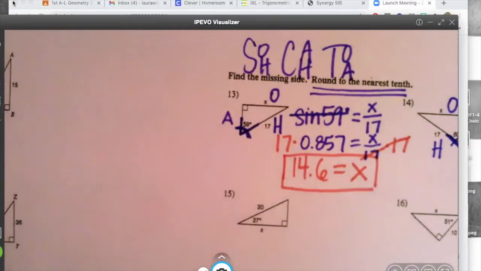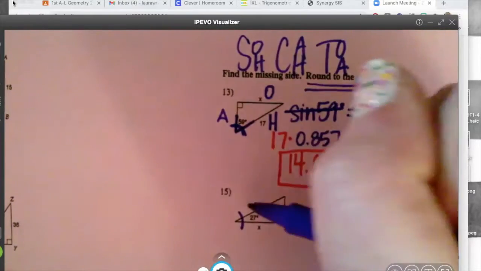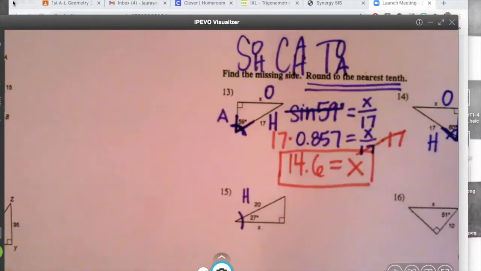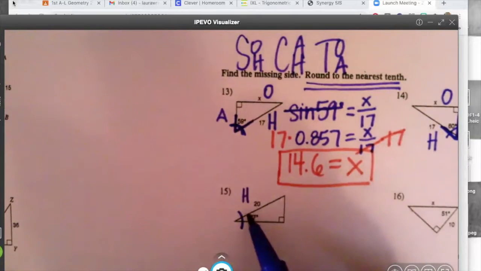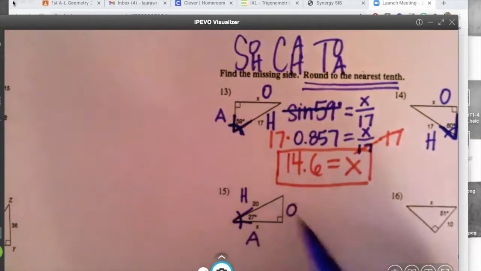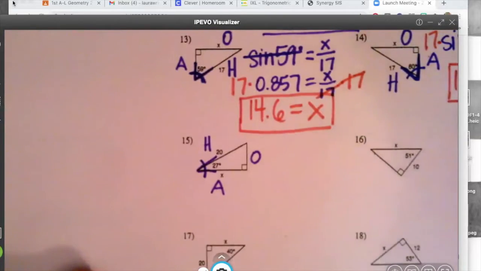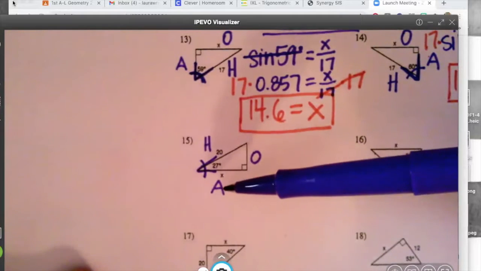15 is going to be a little bit different. We've got our angle. Our angle's down here at 27. Find our hypotenuse, which is 20. Trace that angle to find our adjacent, which is over here. And then our opposite is across the triangle. So now I need the adjacent. So I must use the adjacent in my equation.